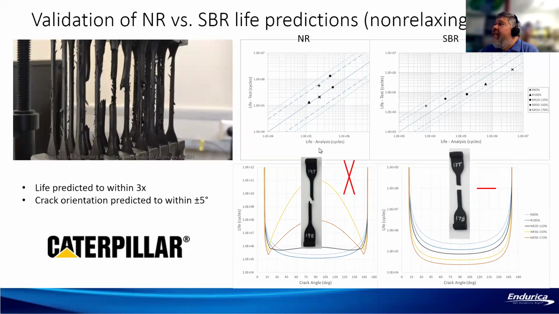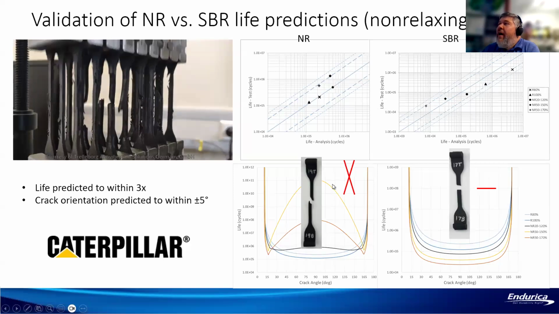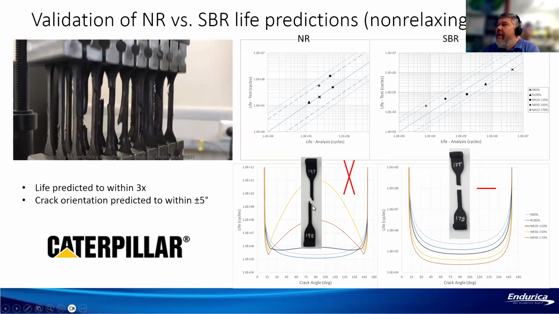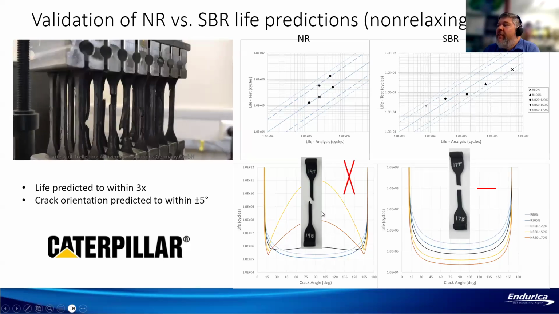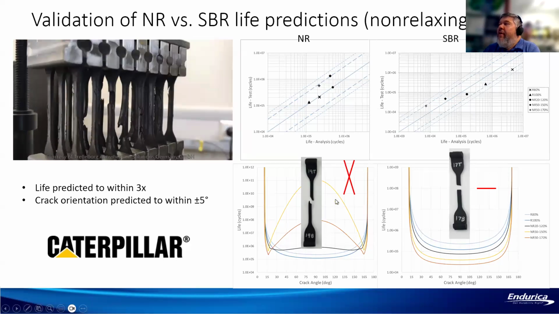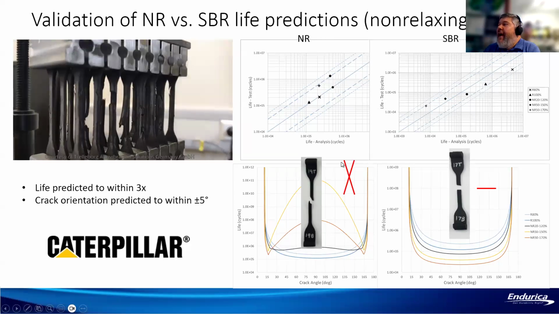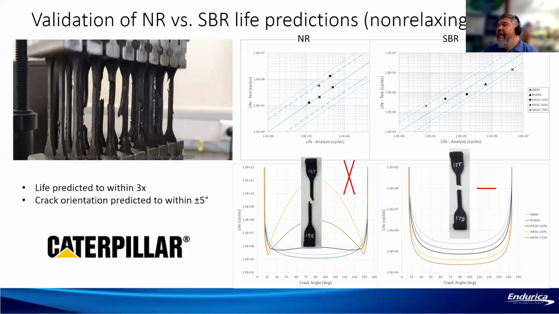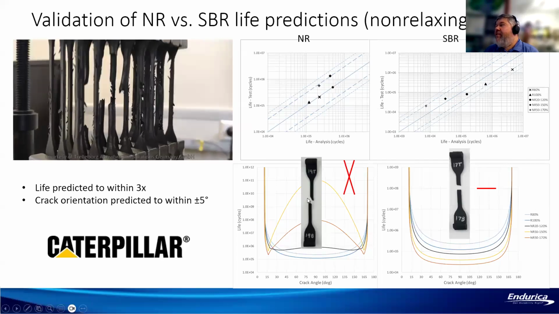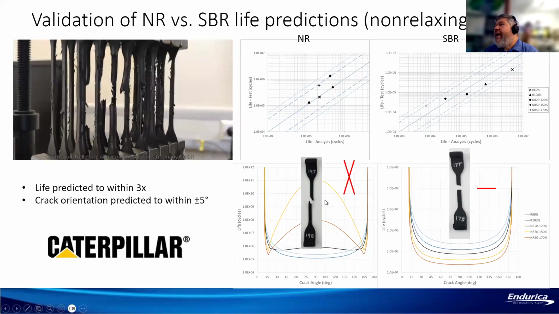What's more interesting is that when you have strain crystallization, it can cause cracks to appear in orientations that are not perpendicular to the load. And you can see that as an example here on the left. The red X is indicating the predicted crack orientations, and of course the specimen is showing a crack at an angle.